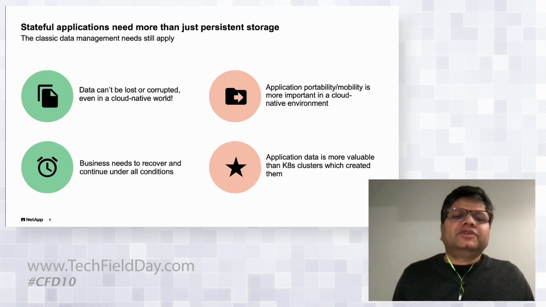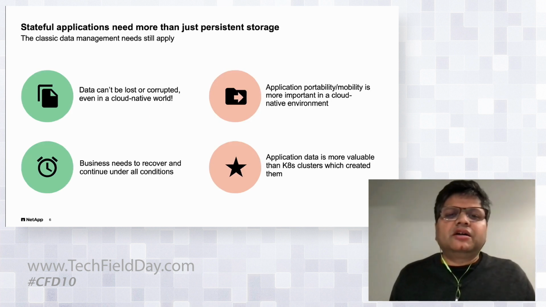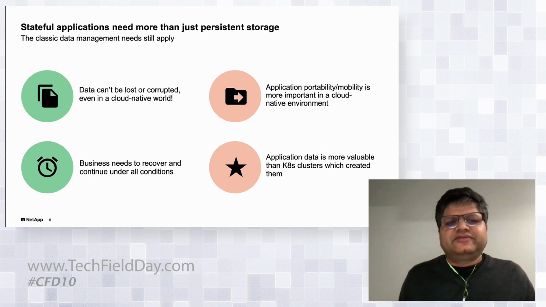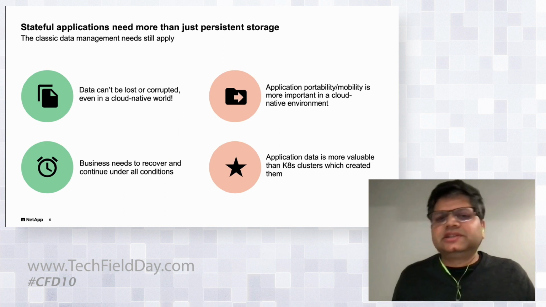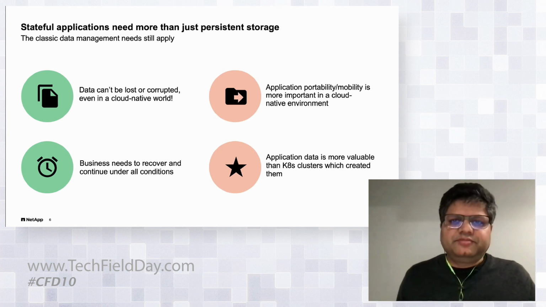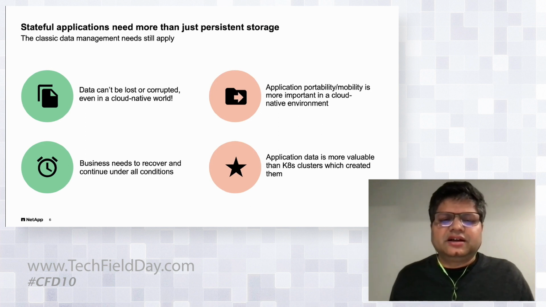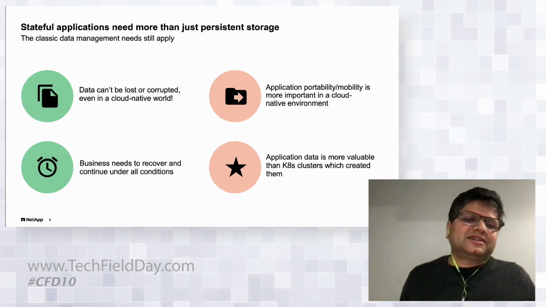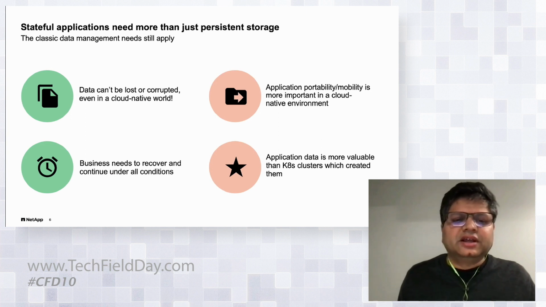However, what we have found, mostly through our Trident customer base, is that stateful applications need more than just persistent storage. Persistent storage is a great start, but that's not everything. That's not the only thing people need when they're running their business critical apps on Kubernetes. Even in the cloud native world, data cannot be lost or corrupted. That's a given.